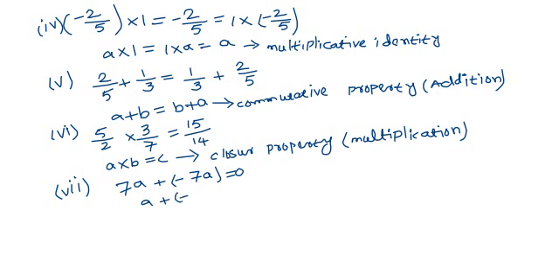Okay, so this is the seventh question. Now we'll go for the eighth question. In the eighth question, x into 1 by x is equal to 1.